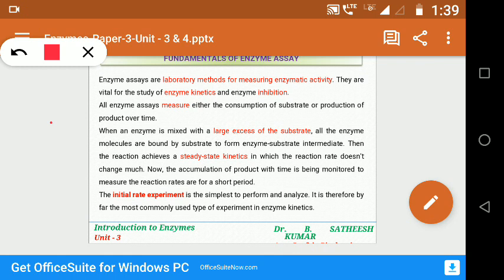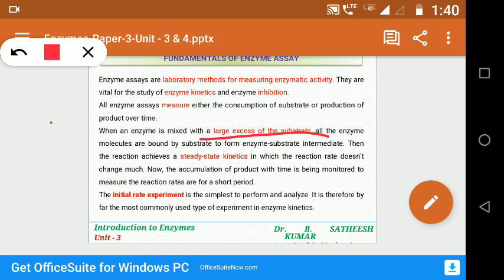So in these assay methods, the first thing is we have to use a large excess of substrate. So there must not be any limitation for supply of substrate. There must be a very large excess of substrate available.